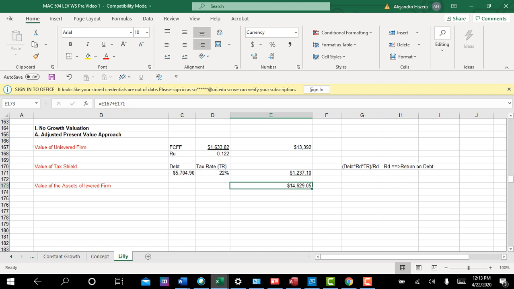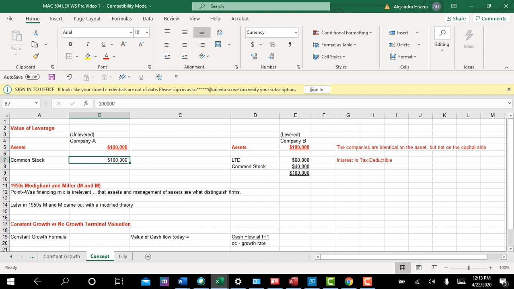We get the value of the assets of a levered firm. So conceptually, we're doing what Modigliani and Miller said.